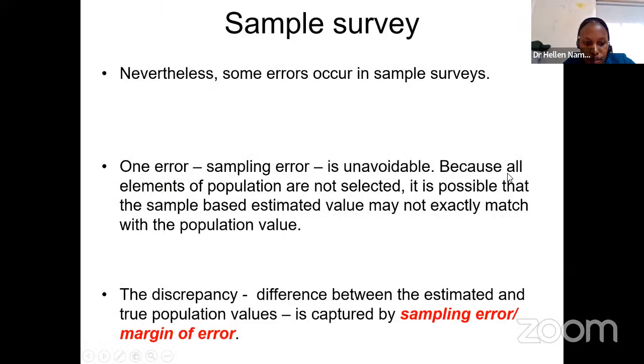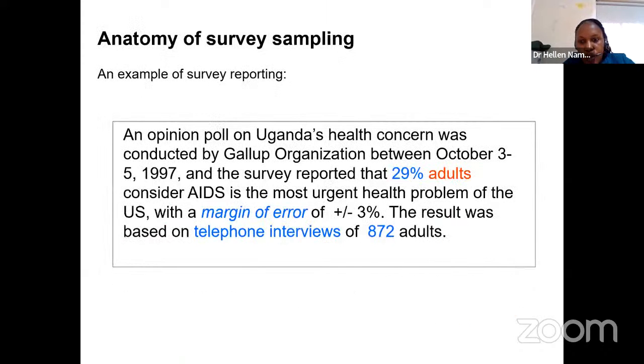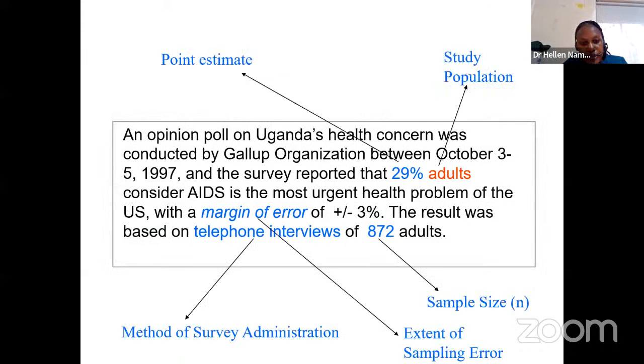All right, let's continue. With this particular example that we are considering, the 29% is our population estimate, and the population was adults. The plus or minus 3% is the margin of error. What was the method of administration of the survey?